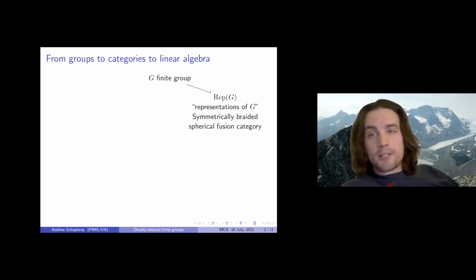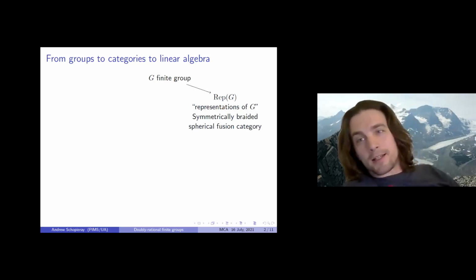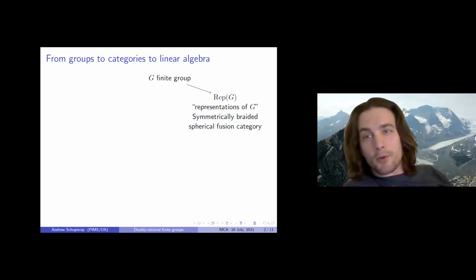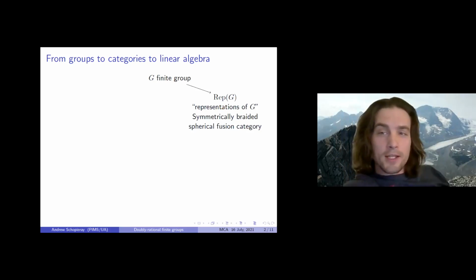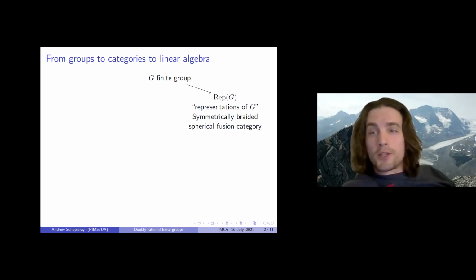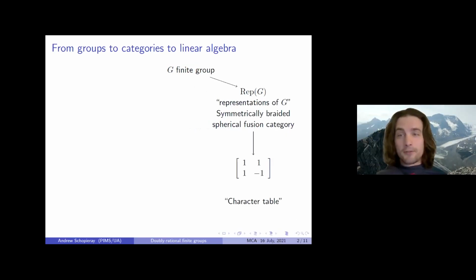And we like to pretend that we're very advanced human beings mathematically, but really what we want to understand is linear algebra. That's the tool that we use to study everything. And so what we do once we pass to the category of representations is we try to get some numbers out of it. And for the category of representations of a finite group, we typically look at the character table.